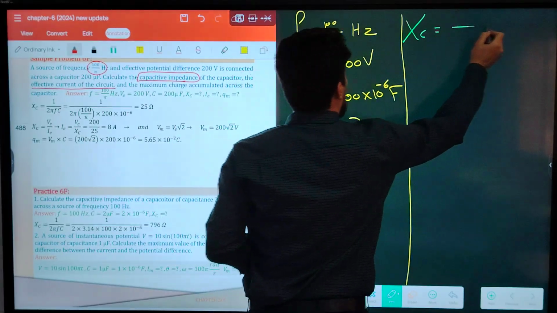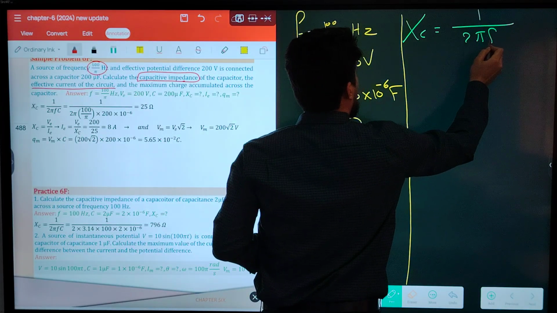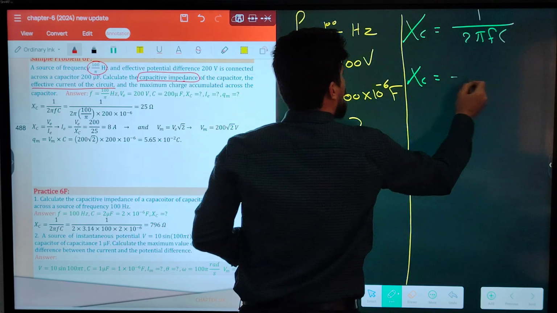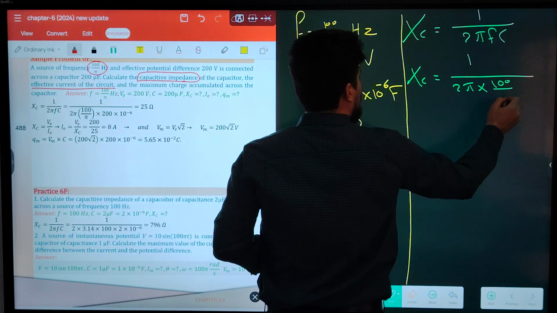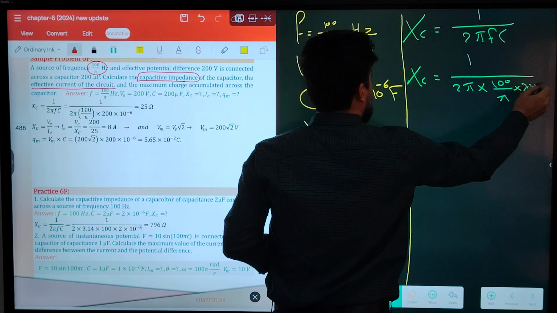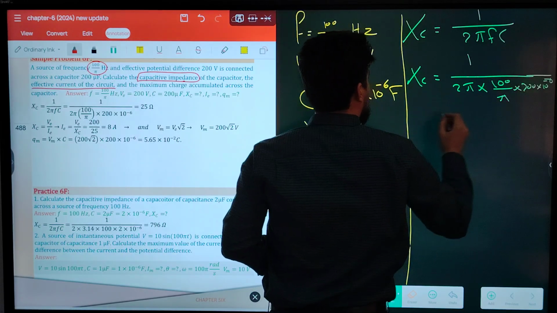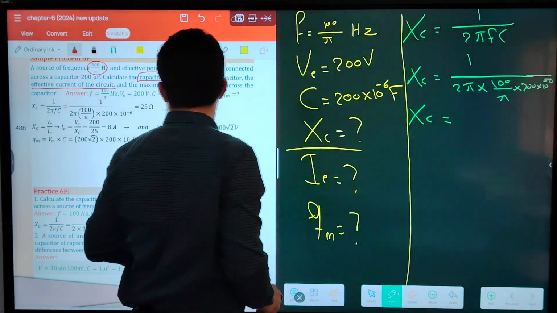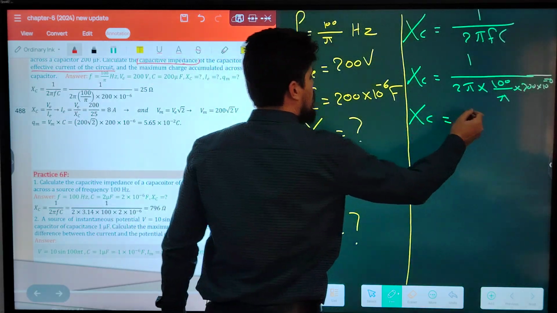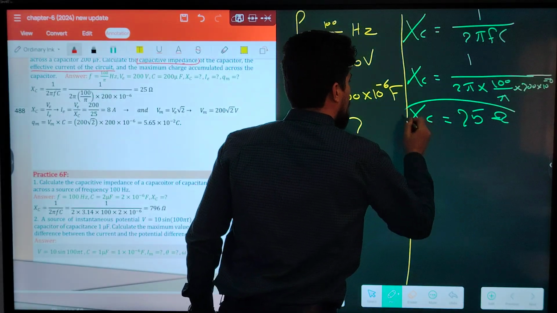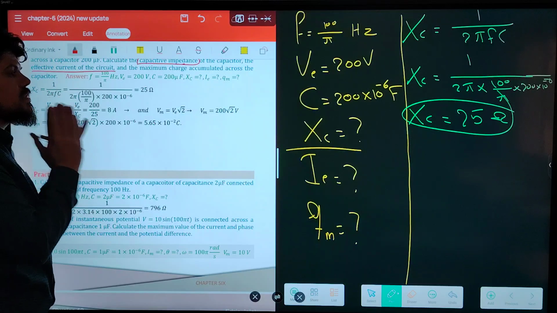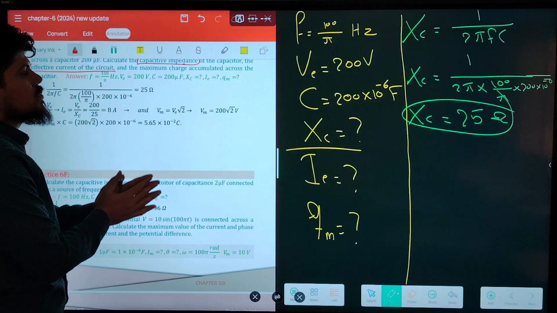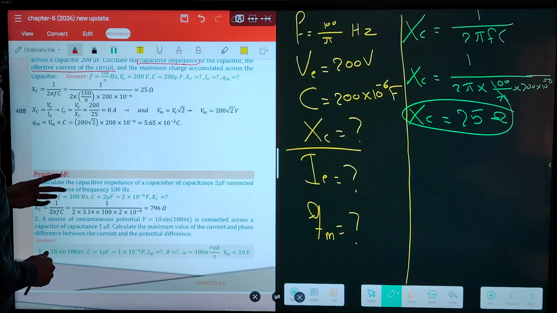XC is equal to 1 over 2πfC. Replace: 1 over 2π, frequency 100/π, 200 × 10^-6. XC by calculator is equal to 25 ohm. The capacitor impedance for this capacitor is equal to 25 ohm.